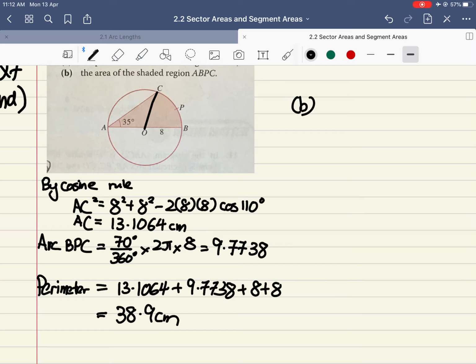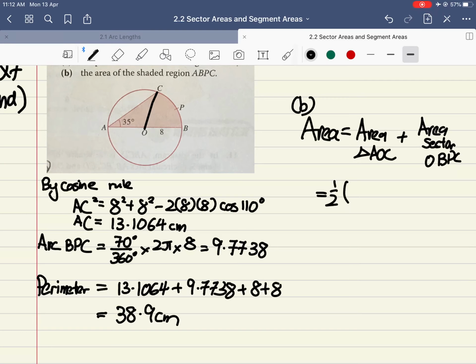Okay, now for part B, it is something similar to what we have done, so I won't spend so much time. I say that the area is equal to the area of triangle AOC plus the area of sector OBPC.